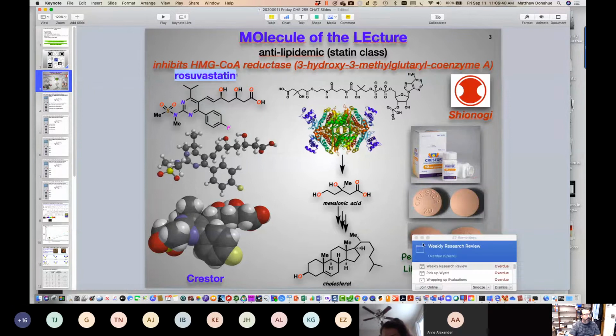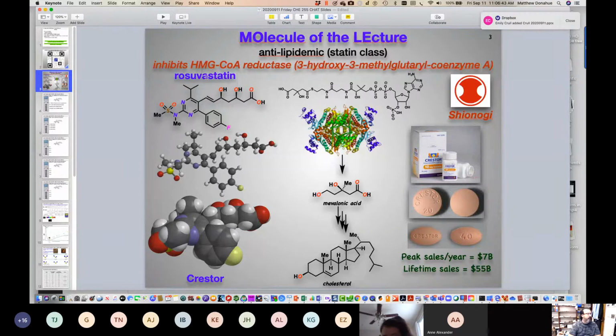For instance here, it says statin. Statins are anti-lipidemics, and we saw one of these already with Lipitor. So this has some commonalities with Lipitor.